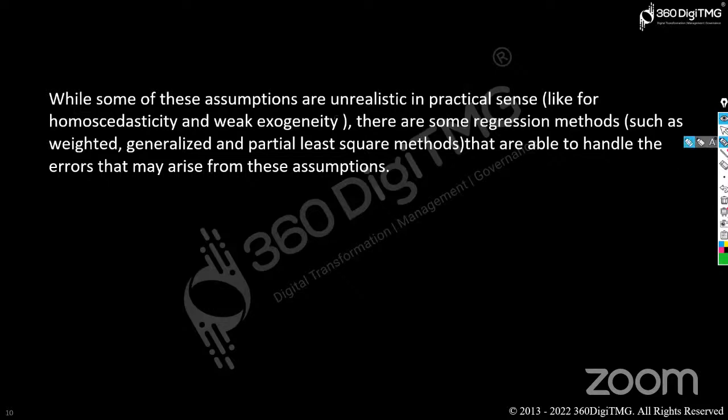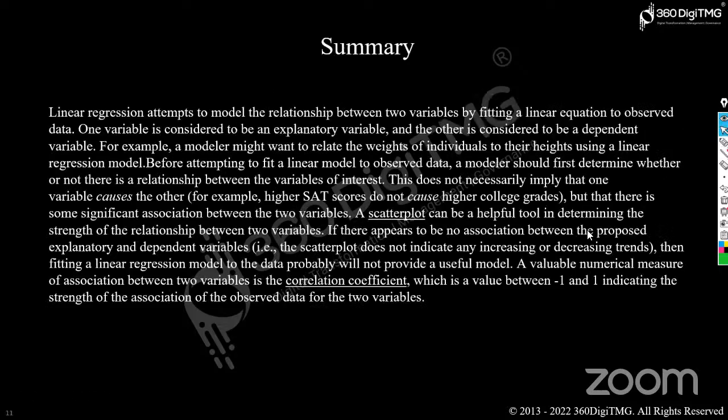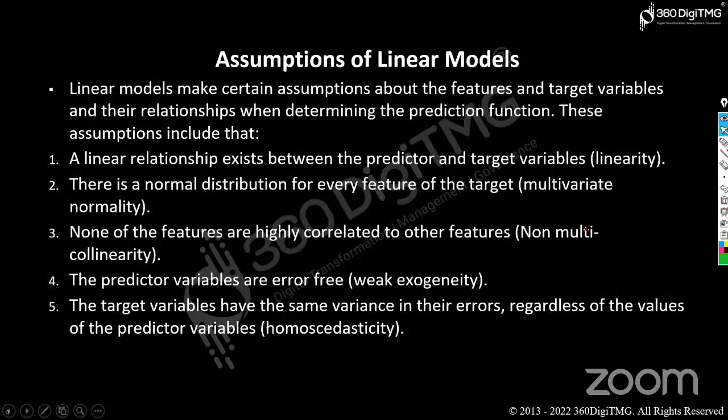Again coming back to the assumptions, what were the assumptions that we discussed? A linear model makes certain assumptions. A linear relationship should exist between the predictor and the target variable, meaning there should be linearity or multivariate normality, and so on and so forth. Various assumptions we saw a few moments ago.